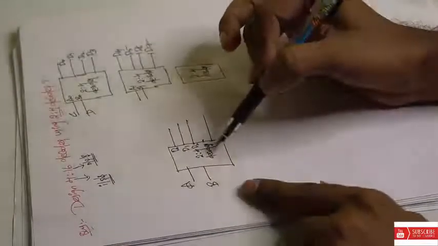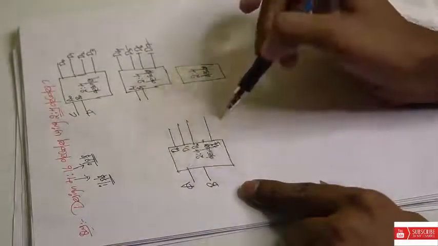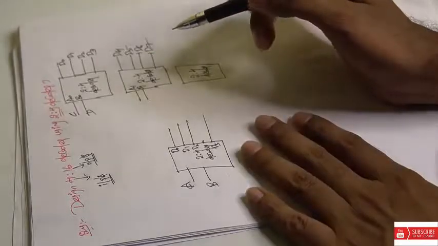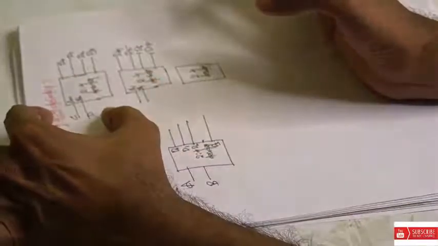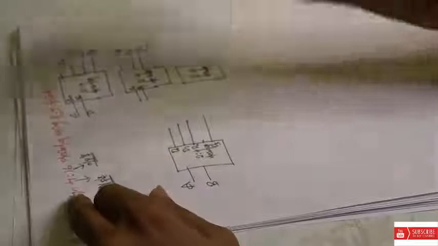If you take one decoder, meaning 2 inputs and 4 outputs, it can't match our criteria. If you add one more decoder, it will become 8 only. It can't match our criteria, that will be 16. That means if you take 4 decoders, you will get 16 outputs, right?